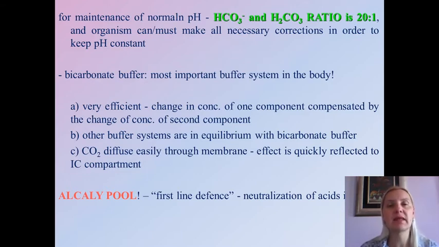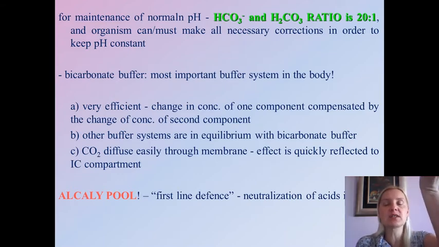Let me explain this to you. So if we change the concentration of carbon dioxide, in order to maintain the ratio 20:1, we have to increase the concentration of bicarbonate ion, and vice versa.